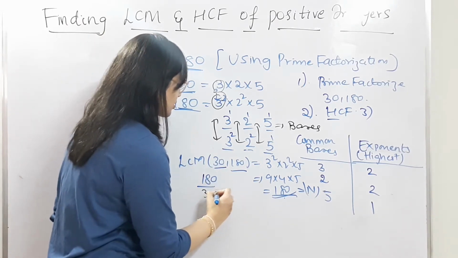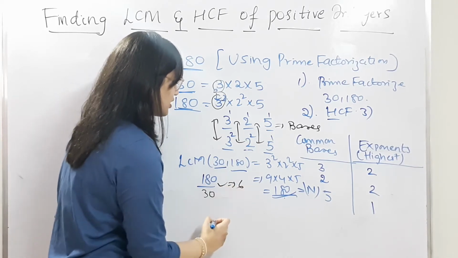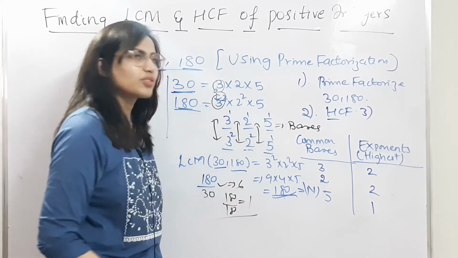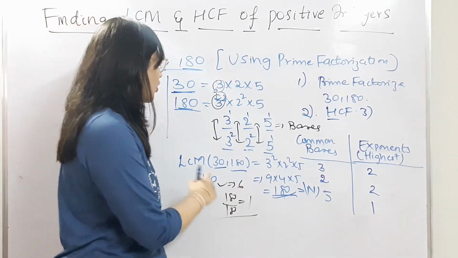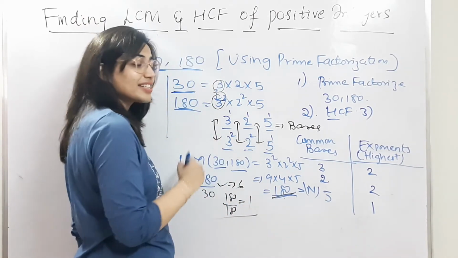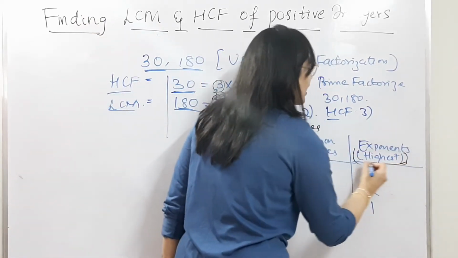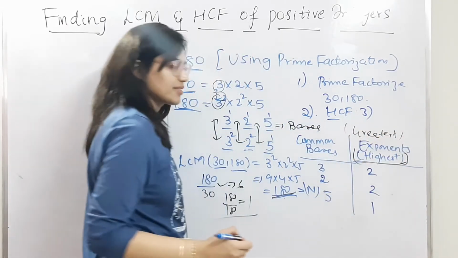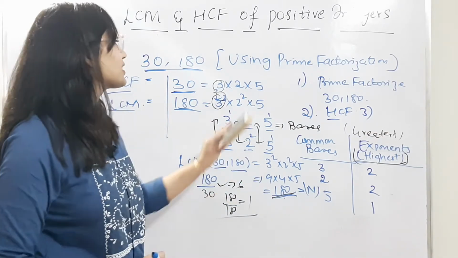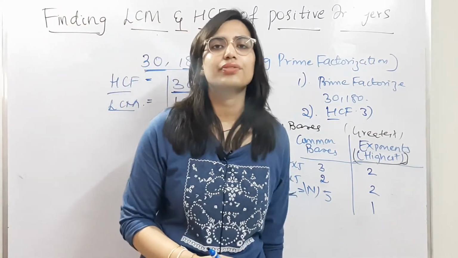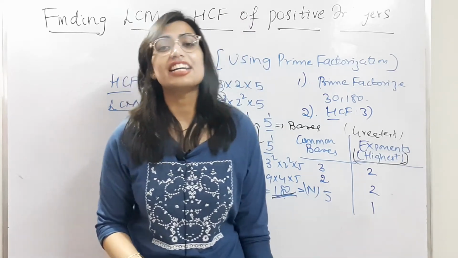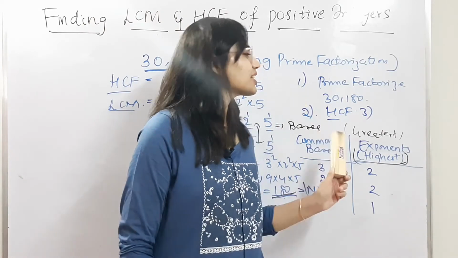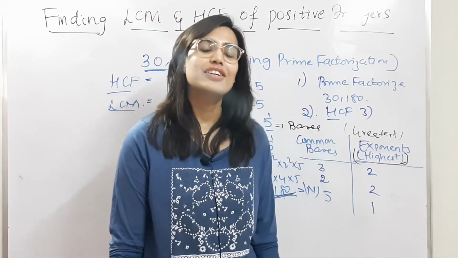Here 180 is divisible by 30. Yes, we get 6. And 180 is divisible by 180. Yes, we get 1. So that means the LCM of 30 and 180 is 180. That is the reason we need to take the highest or greatest exponents of those bases. Okay, so this is the underlying concept of how you find the HCF and LCM using the prime factorization method. Keeping this concept in mind, now let's see a few problems.